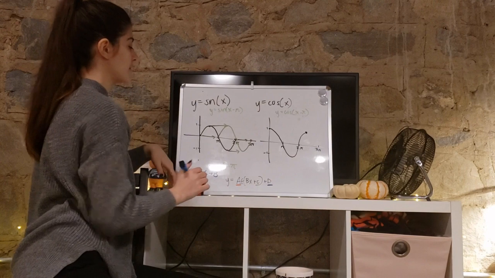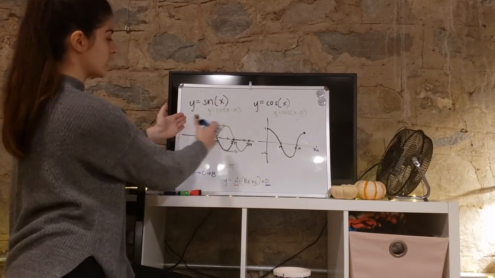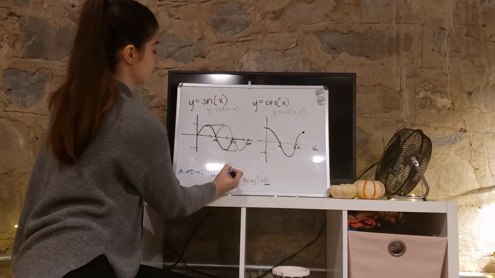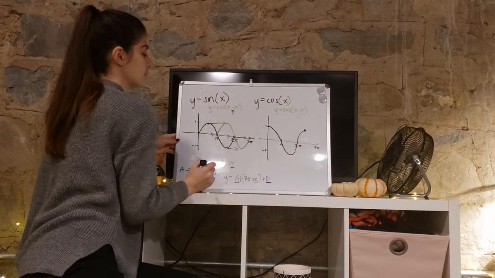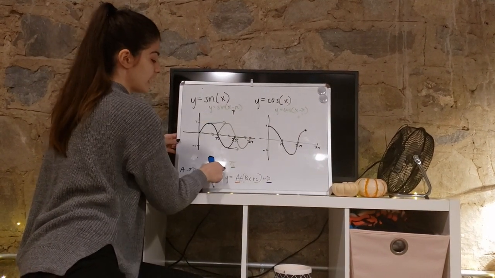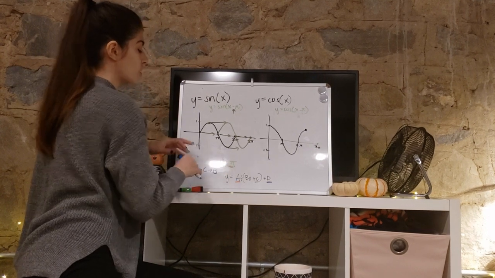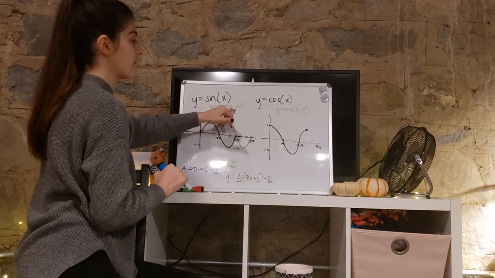All 5 of the invariant points have shifted pi units to the right, because this is positive pi. Notice that in here it is minus pi, but when we solve for x, we find that x equals positive pi. That's why you need to solve for x, so that you don't get that fact confused.